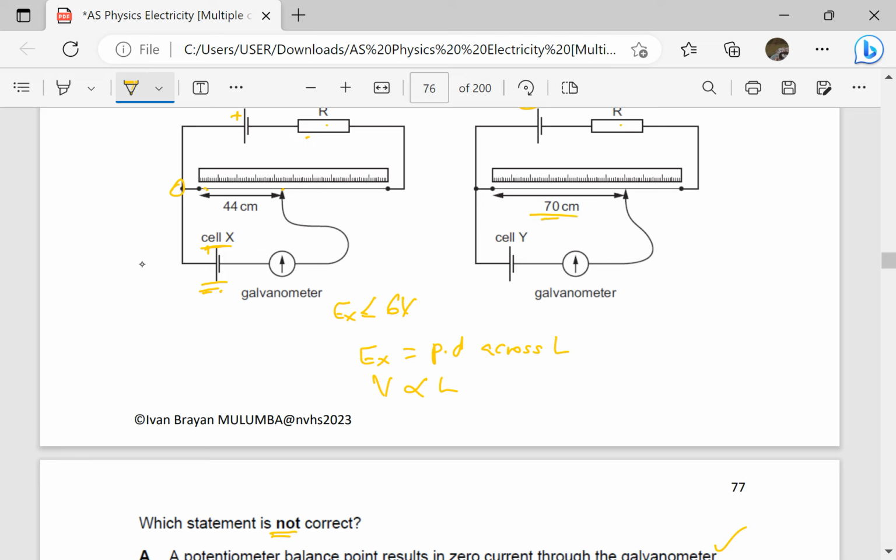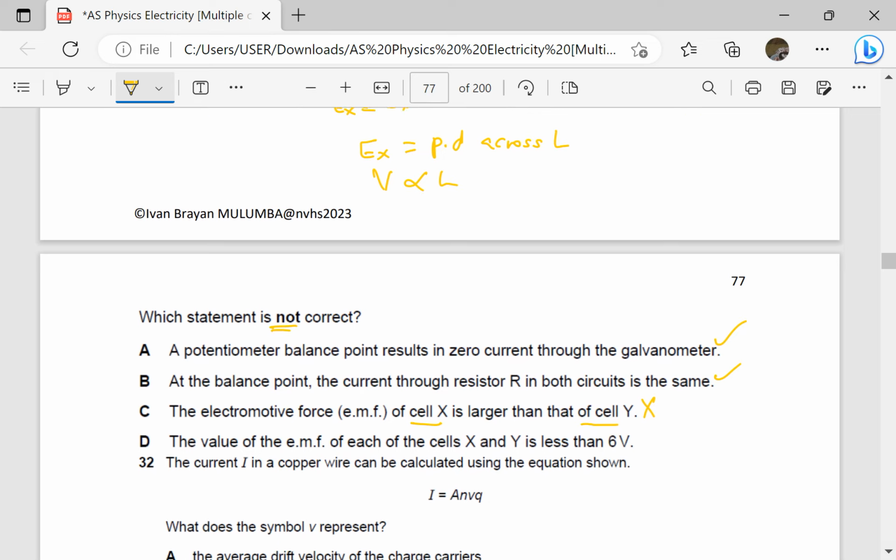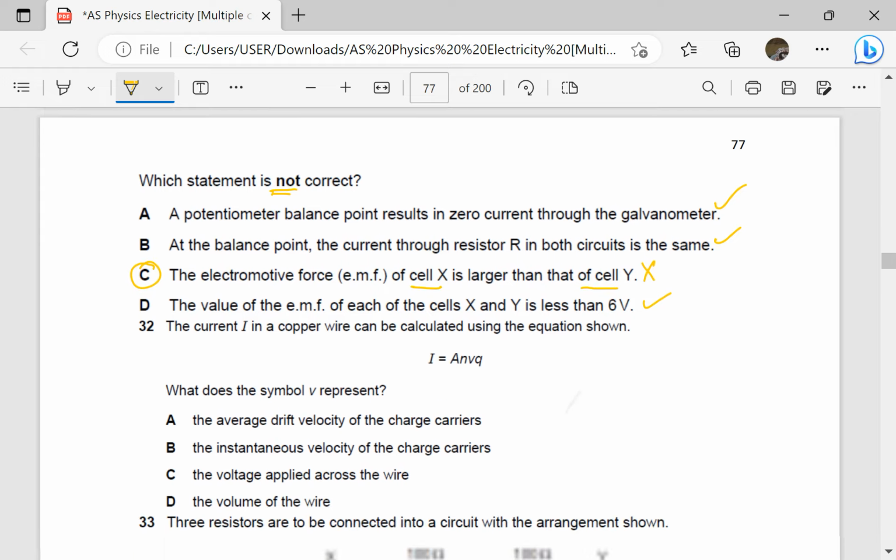The balance length for Y is greater than the balance length for X. Therefore, the EMF of cell Y is expected to be greater than the EMF of cell X. So this statement C is not correct. The value of the EMF of each of the cells X and Y is less than that of the driver cell. That one is supposed to be true.